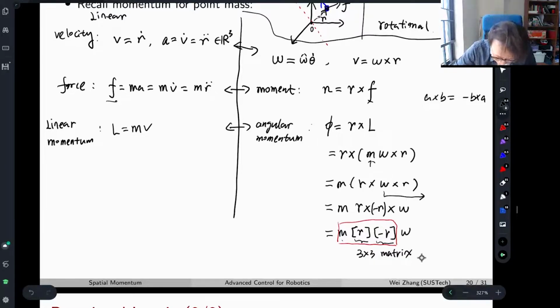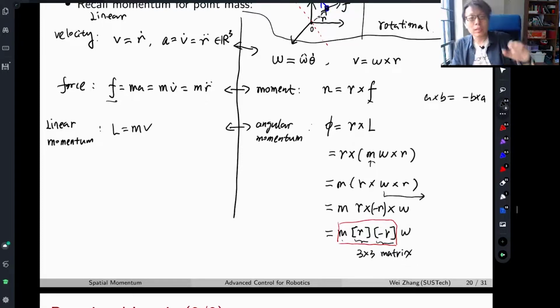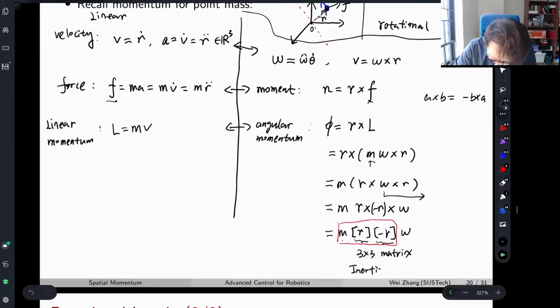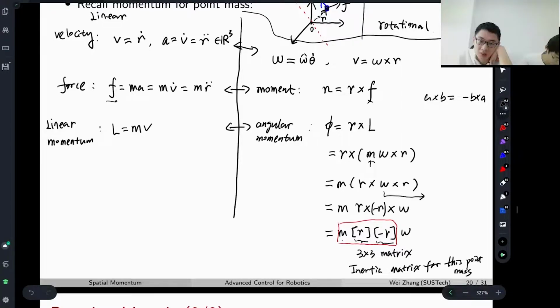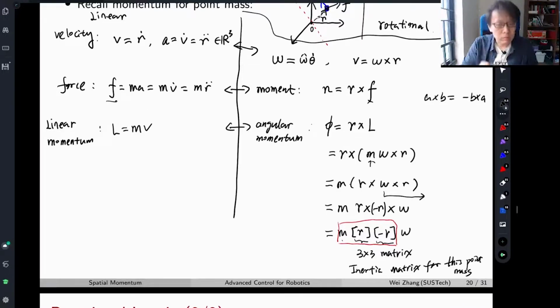So that becomes the rotational inertia matrix already. We derived it for a point mass. I hope you see what I mean, right? So this is the inertia matrix for this point mass, expressed about that point O.